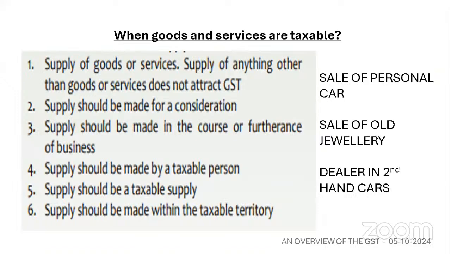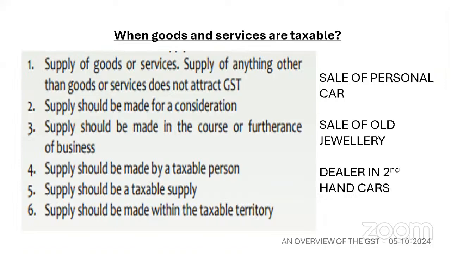Then the goods or services should have been transferred to another person, either through sale or by other modes, for a consideration. In the earlier laws, there were many provisions. For example, Mr. A is selling a product for 100 rupees to Mr. B, whereas the market price of the product is 500.